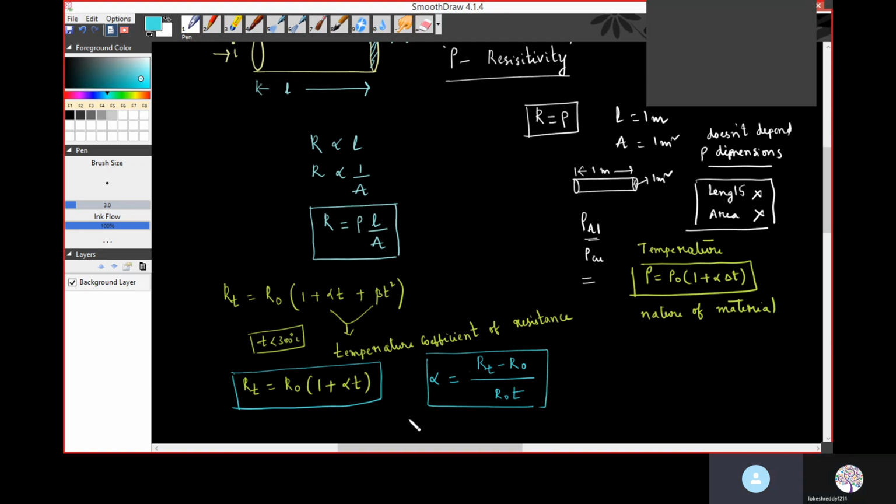Now if R1 and R2 were given at temperatures T1 and T2, then R1 is R naught into 1 plus alpha T1, and R2 is R naught into 1 plus alpha T2. So R naught and R naught get cancelled. R1 by R2 is 1 plus alpha T1 by 1 plus alpha T2.